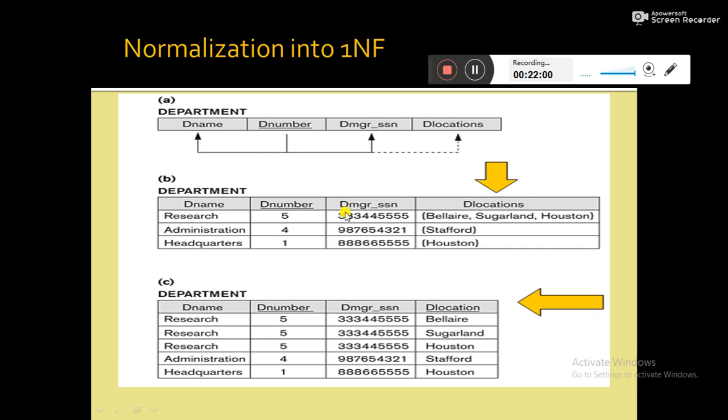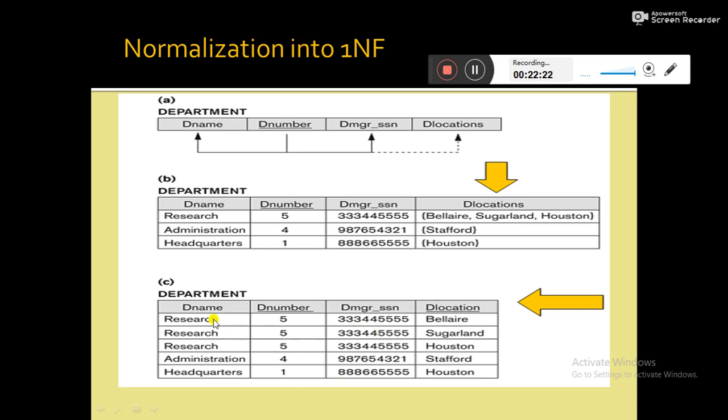Similarly, that particular scenario can also be represented this way. For example, we can easily realize how this relation is considered a bad relation if we convert that table into this one.